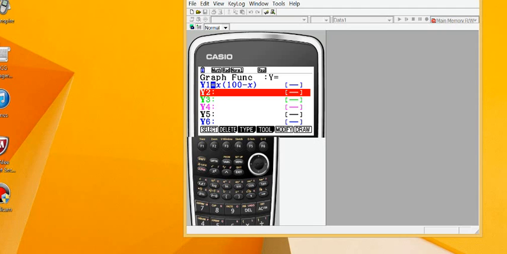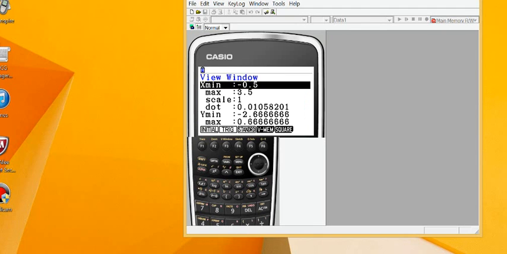And adjust our view window. If you're doing this normally, you'd have to take a guess. It's reasonable to say that the minimum x can't be negative because we want a positive value for x because it's a side, so you can leave that as, say, minus a half or minus 2 or something small. Our max we don't know. We know that the maximum perimeter of the shape is 200, so x can't be more than 200. Or really, x can't be more than 100, but 200 should do it nicely.